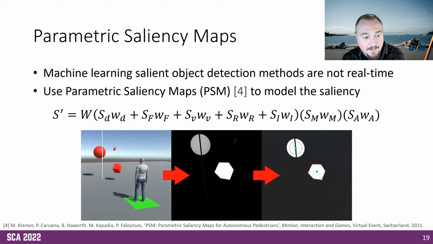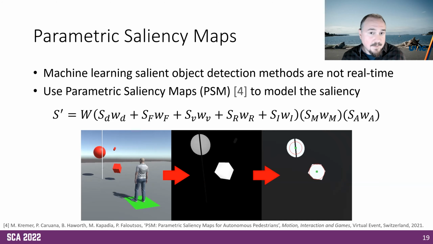There's this work that I was on making parametric saliency maps, where basically everything's parametric. The value of an item in a scene, its saliency, is set by you as the artist or the designer. You can choose what that is.